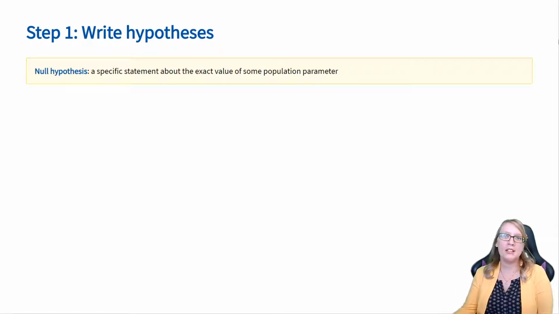So let's talk about step 1. Step 1 is to write the competing hypotheses, and we've got two hypotheses that we want to evaluate. The first one is called the null hypothesis. This null hypothesis is some statement or some assumption about the exact value of a population parameter. So we will assume that our population value is equal to something.